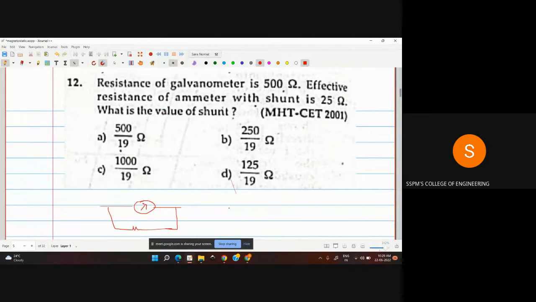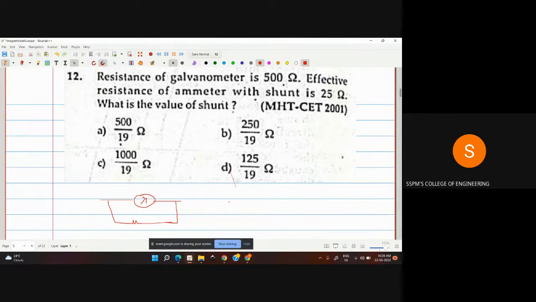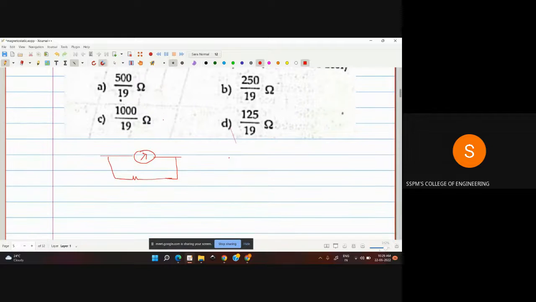See what has been done in this example: the resistance of the galvanometer is 500 ohm and the effective resistance of the ammeter with shunt is 25 ohm. The question is, what is the value of the shunt resistance? When we use a galvanometer as an ammeter, the shunt resistance is connected across the galvanometer G, isn't it?